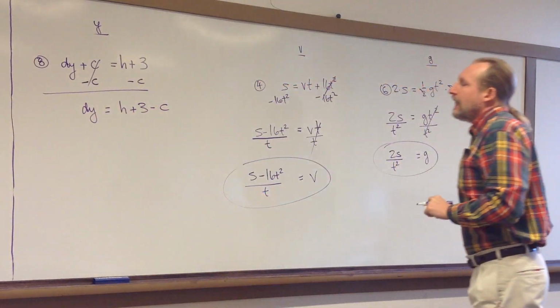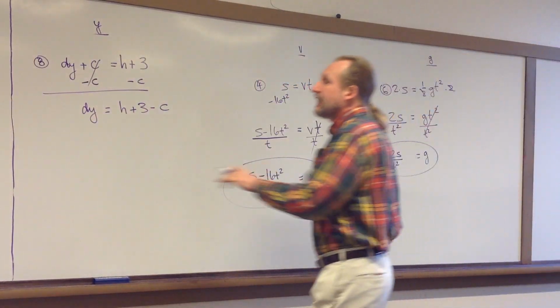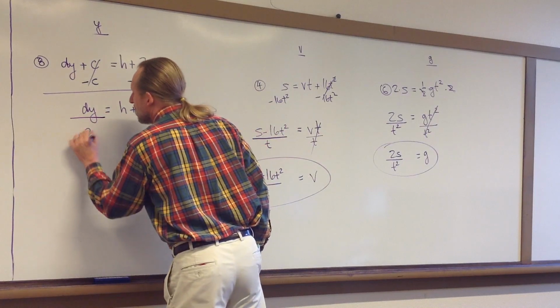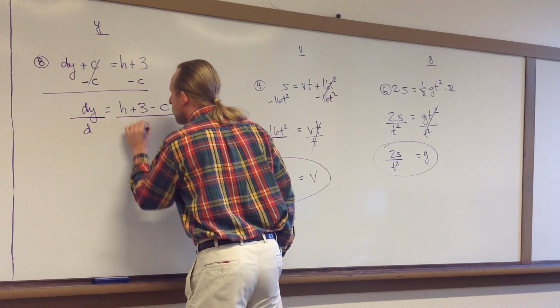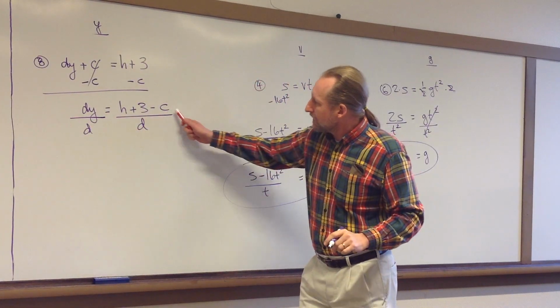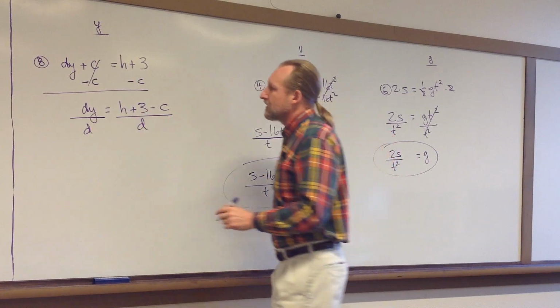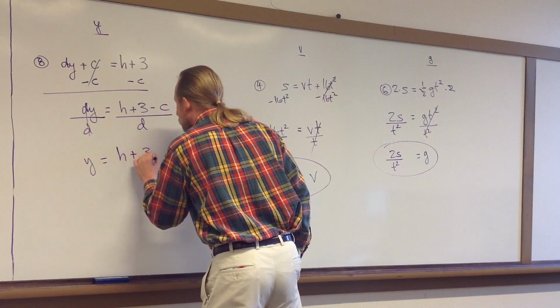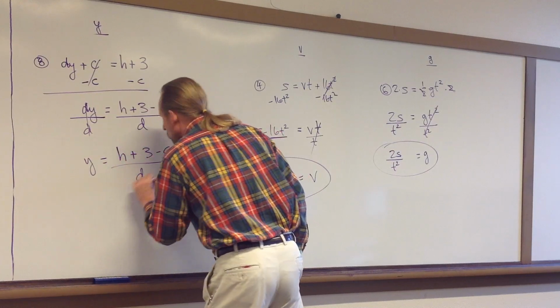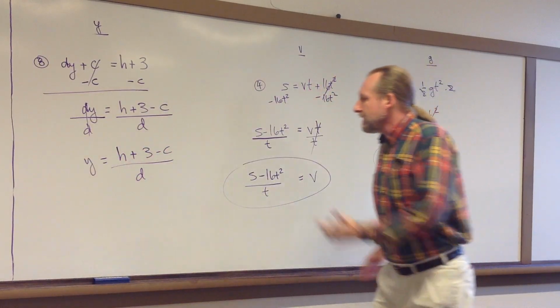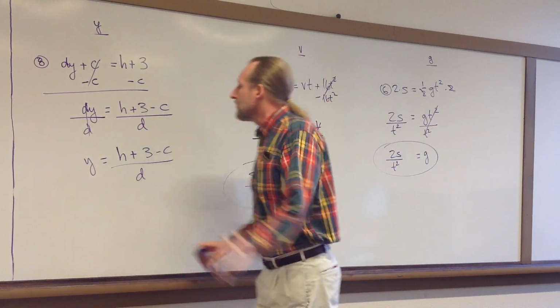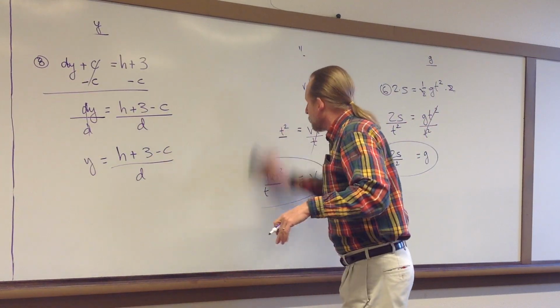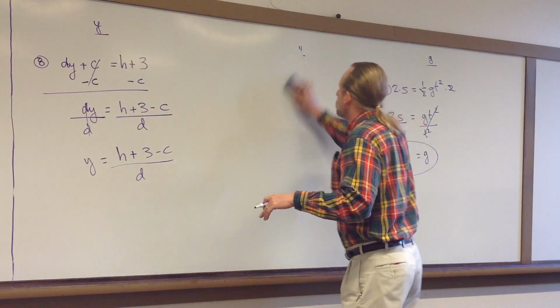Now the d is getting multiplied by the y, so we need to divide on both sides by d. And again, notice how I divide all of these pieces by d. So this is h plus 3 minus c, all divided by d. And you can even split those up in the same way that you can distribute multiplication across addition.